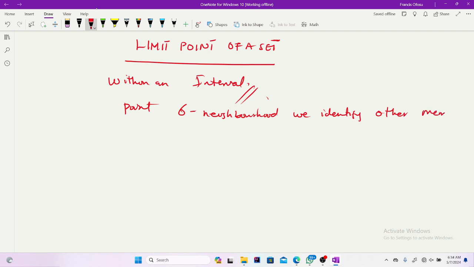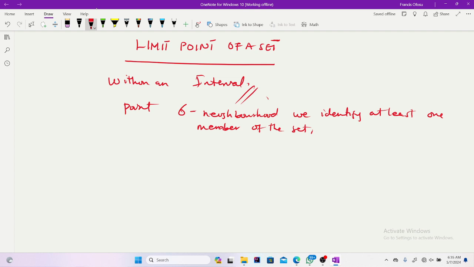So let's say at least one member of the set. It should be at least one. Then we say that the point is what? A limit point. That is all.